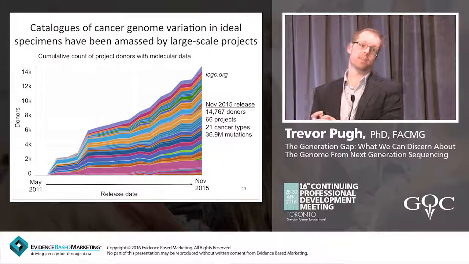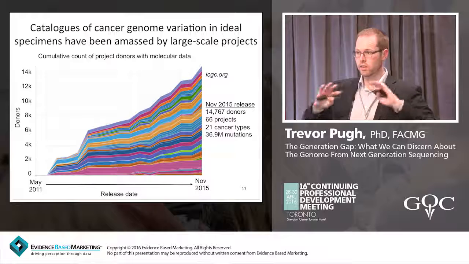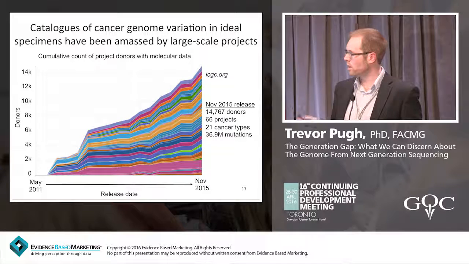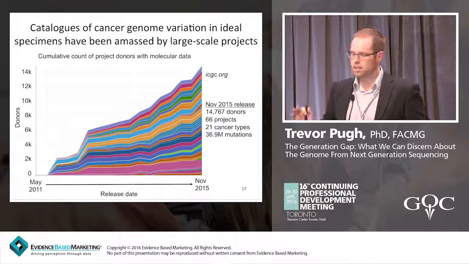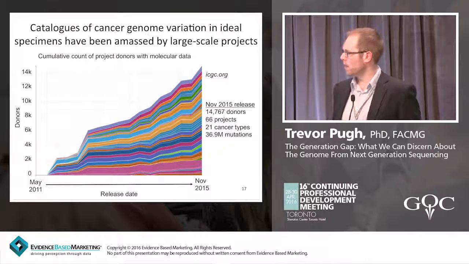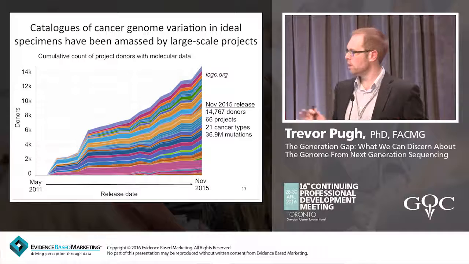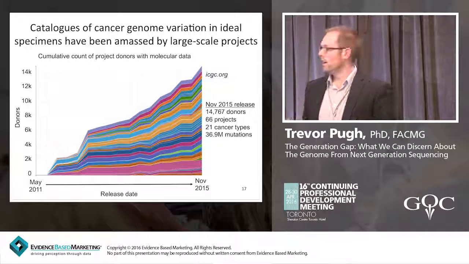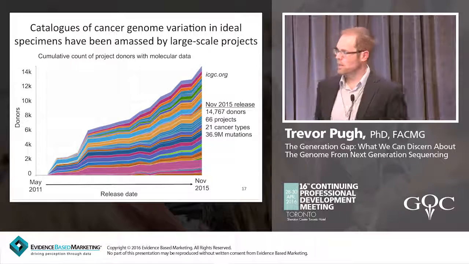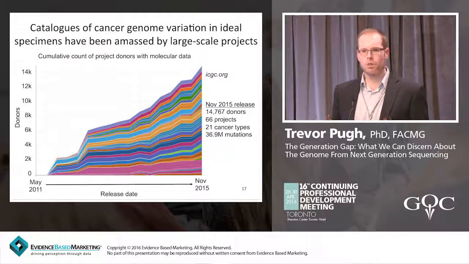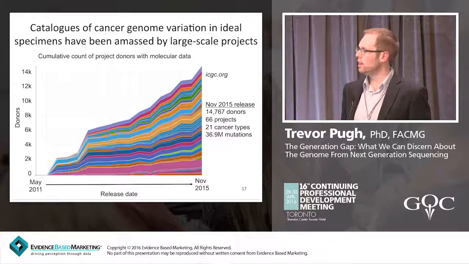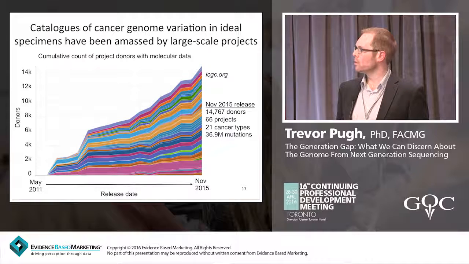This includes the Cancer Genome Atlas, which is the American wing of this larger international umbrella organization. Each color is a different cancer type, and you can see how genomic data has piled up over time. As of November, nearly 15,000 donors have had millions of mutations detected across multiple projects. So reading out mutations in ideal specimens is really no longer a challenge.